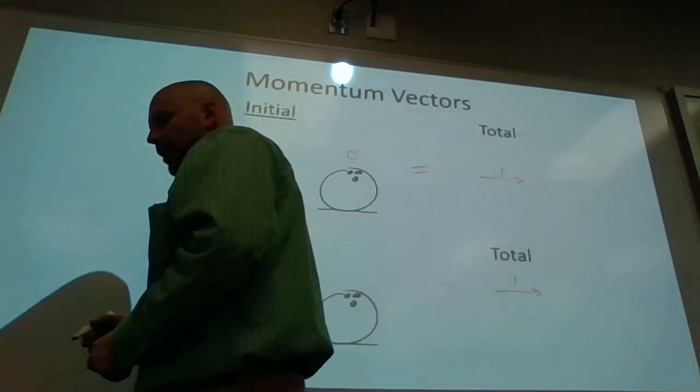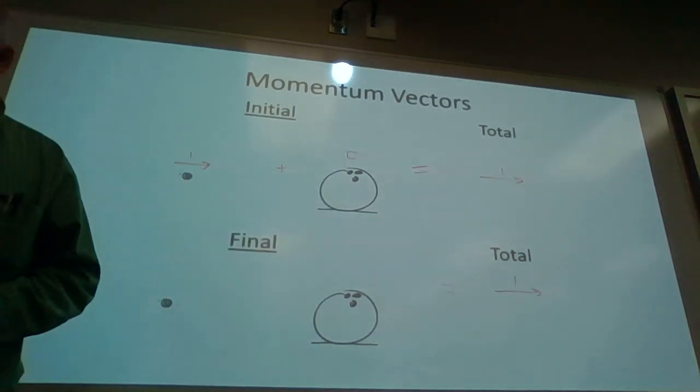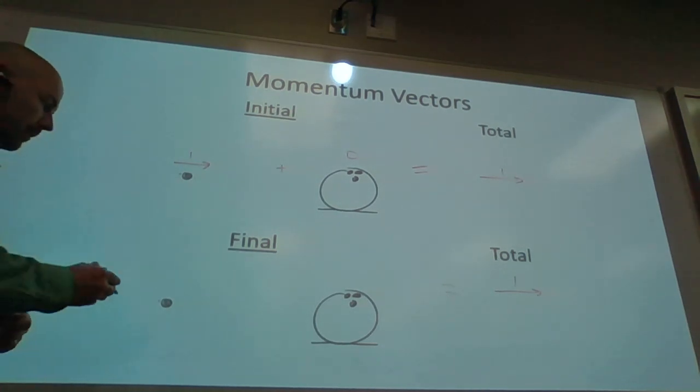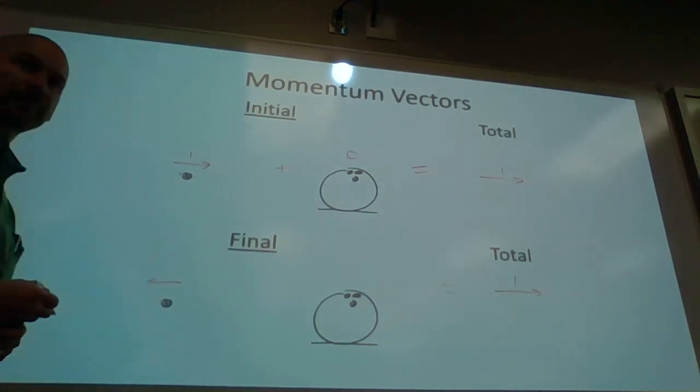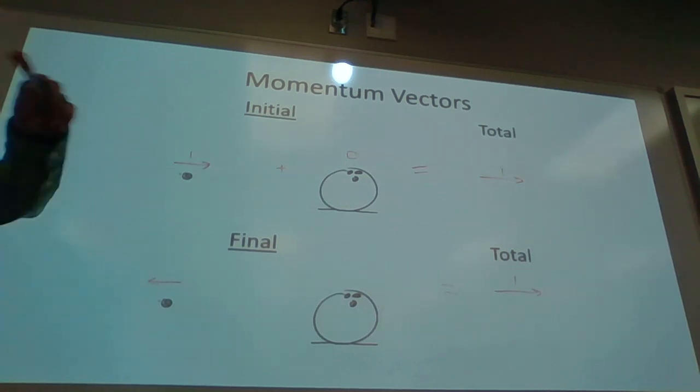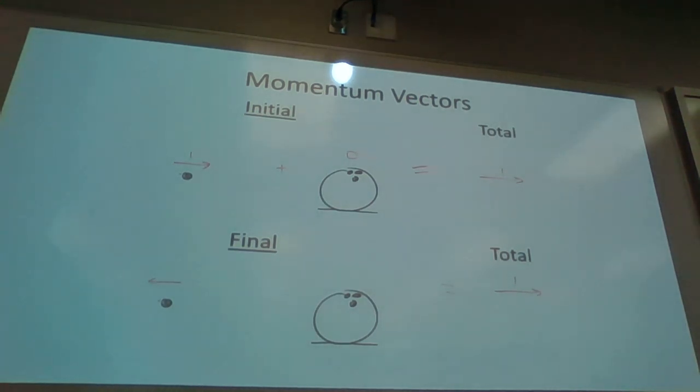The golf ball, we don't know how much momentum it has, but we do know what? It's going this way, right? Now, do you think it's going to be more than 1? That would be a really weird bowling ball, like it exploded. It's somewhere between 1 and 0.